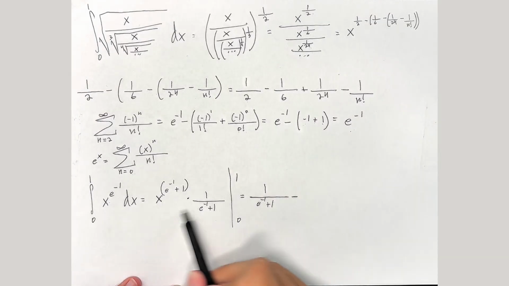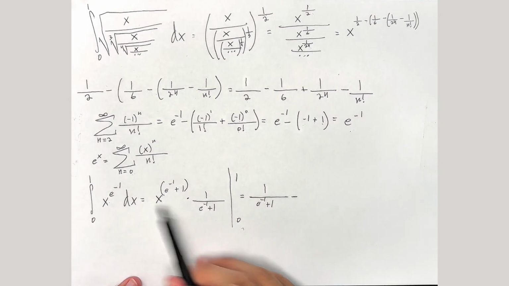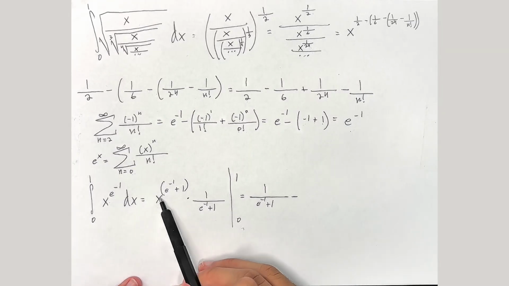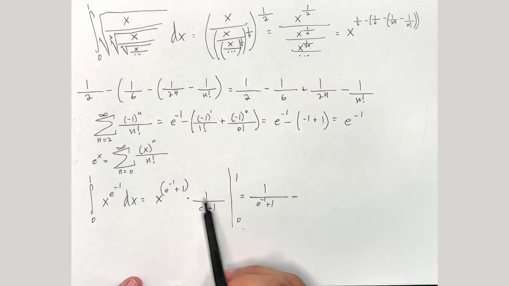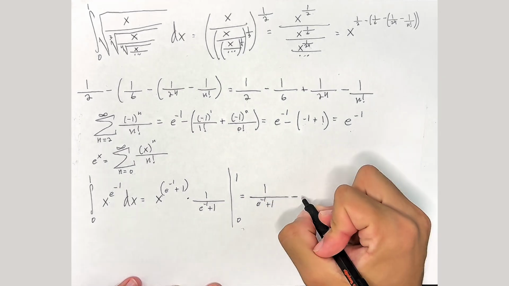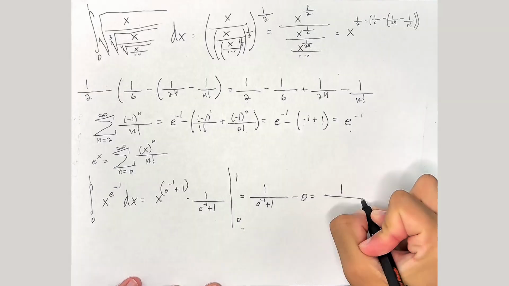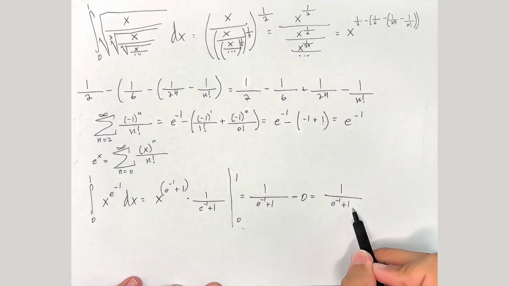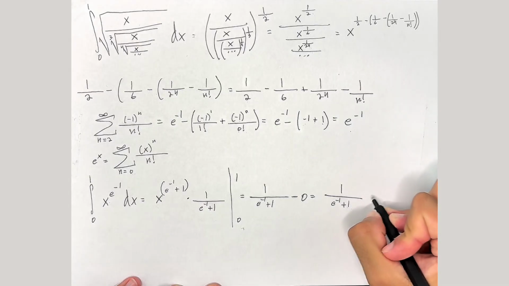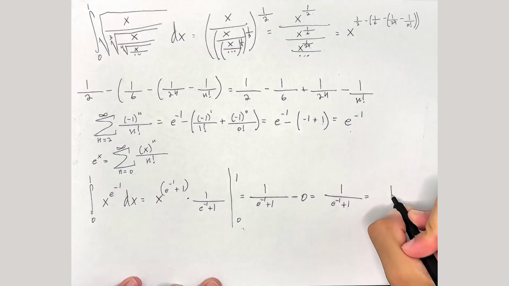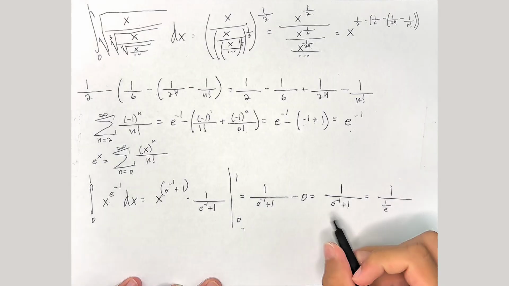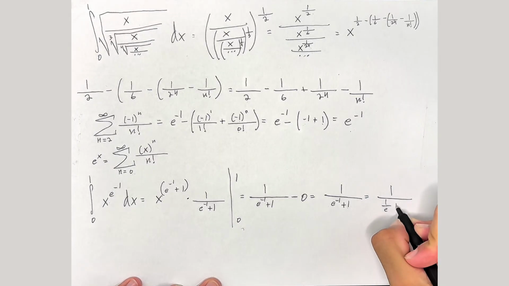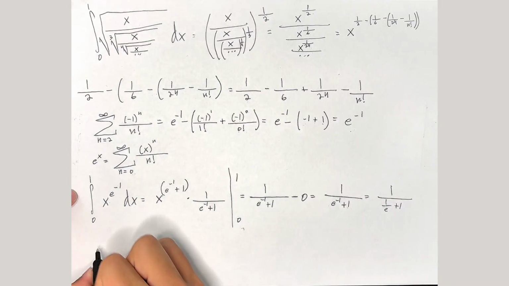And then subtracting this expression evaluated at 0 using the fundamental theorem of calculus, we get 0, because 0 to any power is 0, and then it cancels out with this. So we get 1 over e to the negative 1 plus 1. We can simplify this further by stating that it is equal to 1 over e, since e to the negative 1 is just the reciprocal of e, so 1 over e, plus 1.